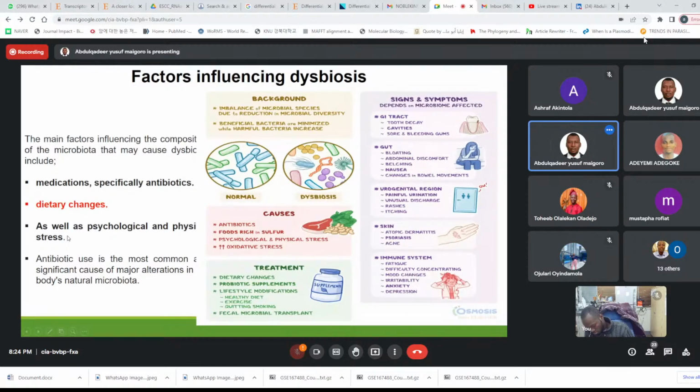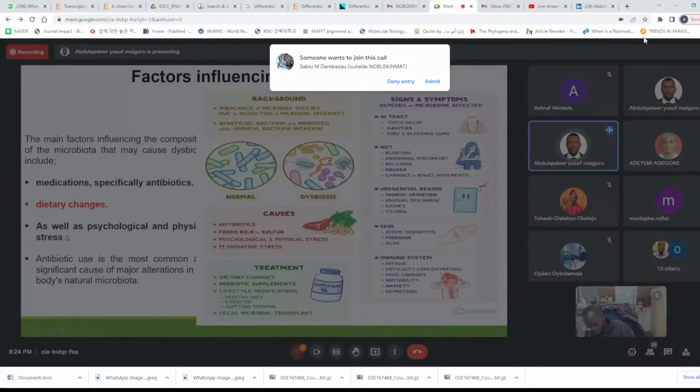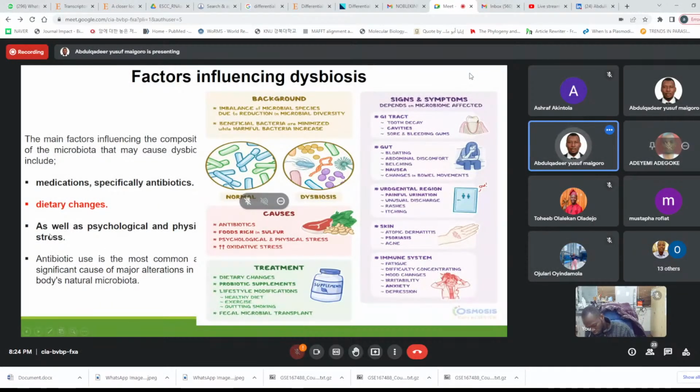Then the new thing, I think most of the audience might not be conversant with, is psychological and physical stress. So one might ask, psychological or physical stress has nothing to do with our gut, with our stomach. It has to do with our brain.